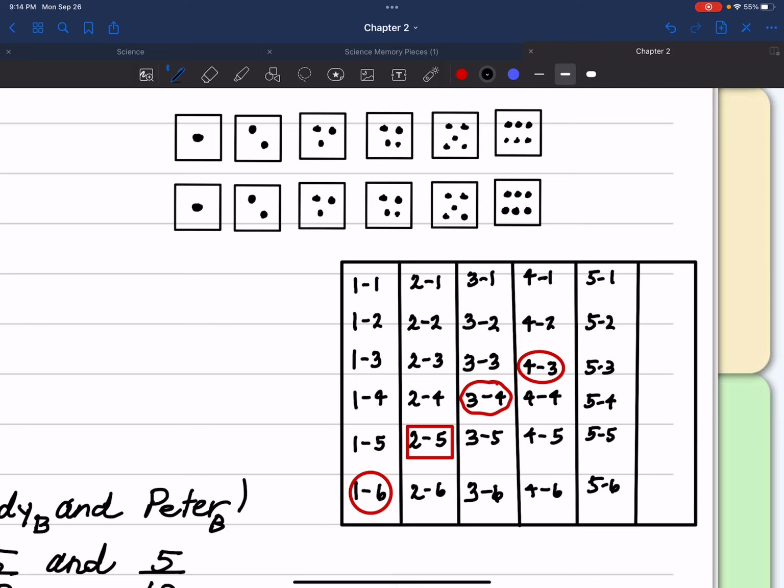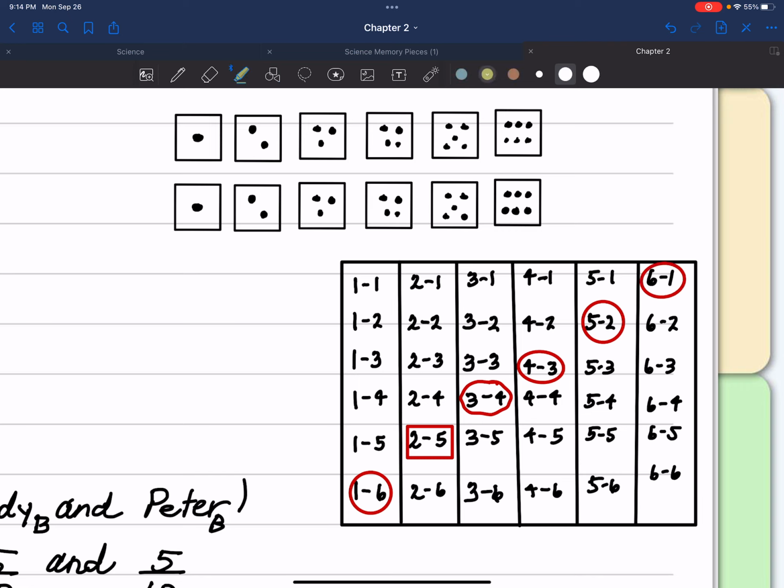And our 7 on this one is going to be right here. And then the last possibility would be a 6 on the first die, and then these possibilities on the second die. And our one that totals 7 would be the 6 and the 1.